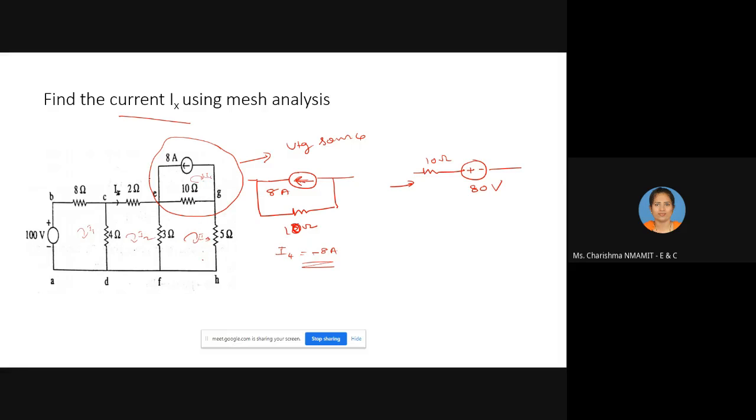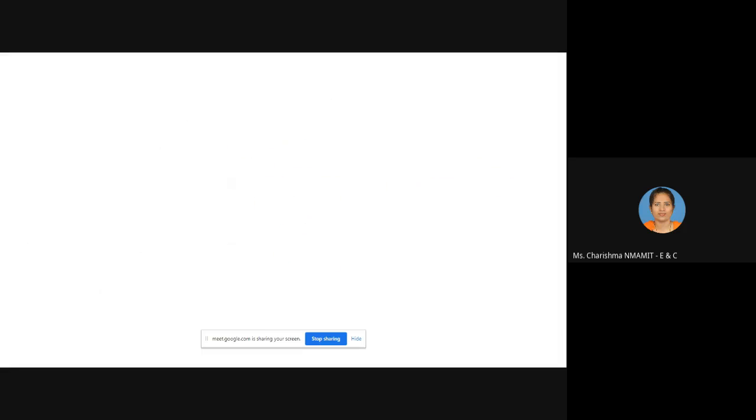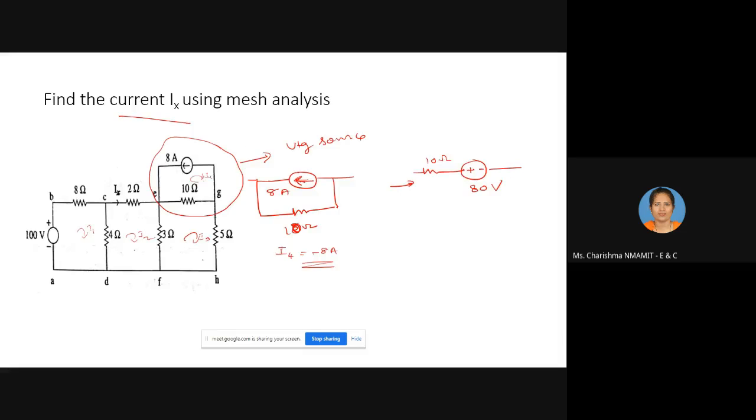Or else, instead of considering 4 variables, you can convert this current source into a voltage source so that you will get a circuit like this. This is 8 ohm, this is 2 ohm, this is a 100 volt voltage source.